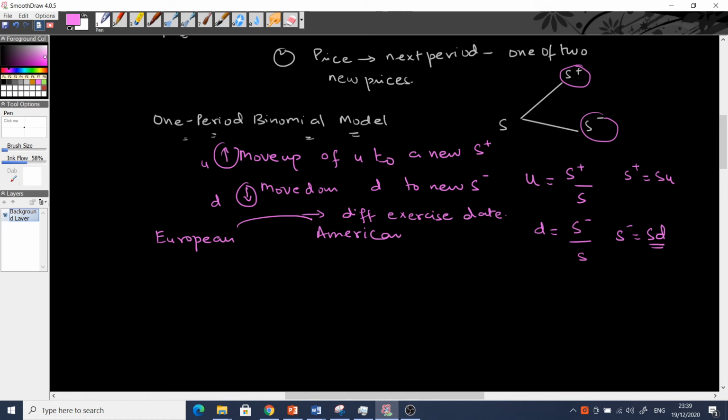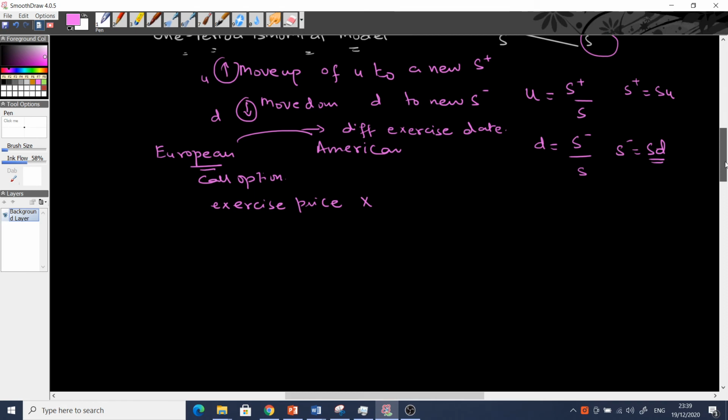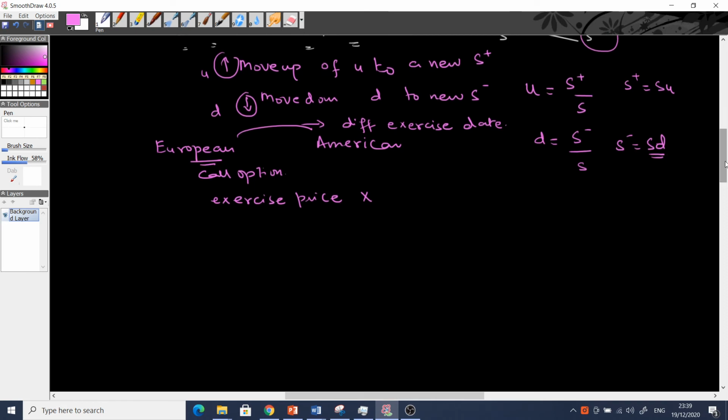Okay, so when we are talking about a European call option, and the exercise price is denoted by x. So how will we form the equation? If the price of the stock in the next period equals s plus, then what will happen?